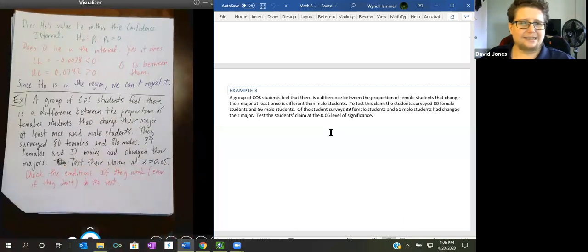Now, if the conditions aren't met, it just lets you know that the results may not be as reliable as you want. You should go out and collect more people. Pause the video and work that out.